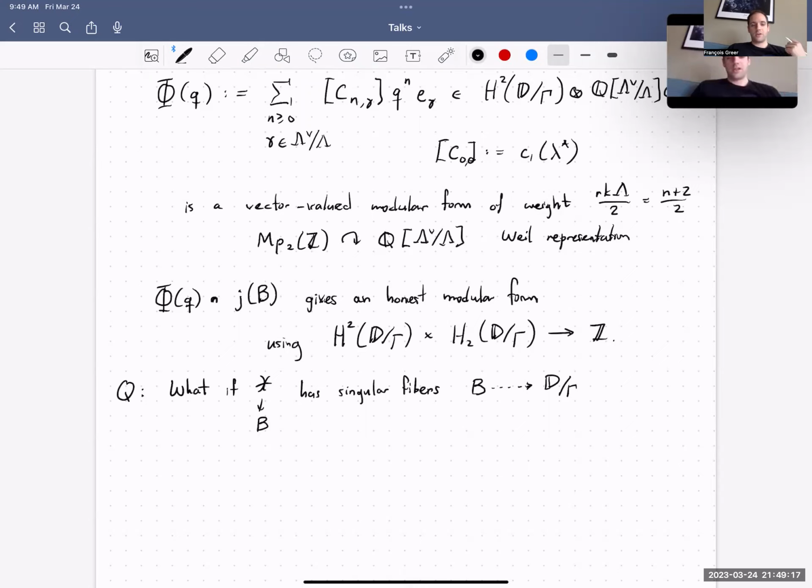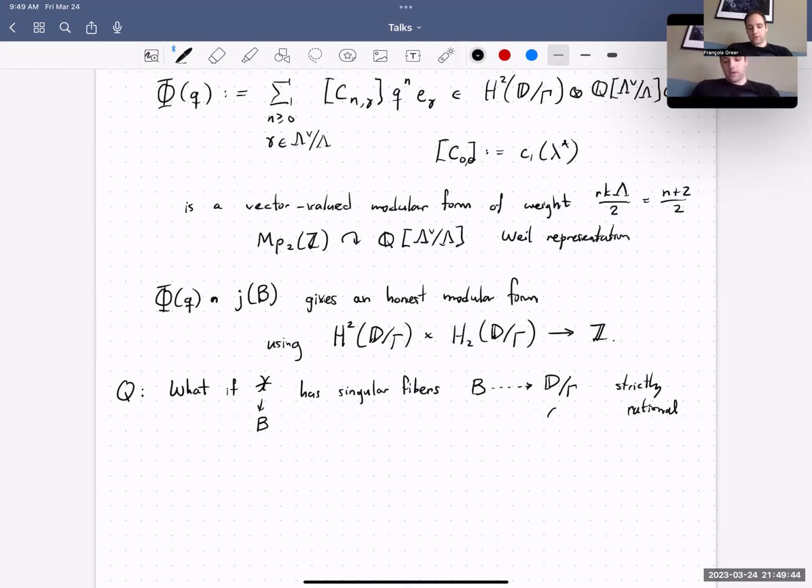For example, if you degenerate to a simple normal crossing surface or something. In that case, the period map is not extendable. So it's really a rational map to this D mod gamma. And so you can ask, how can this theorem be salvaged in that case? I'm interested in the case where this period map is strictly a rational map. I'll give an example of that later on in the talk.